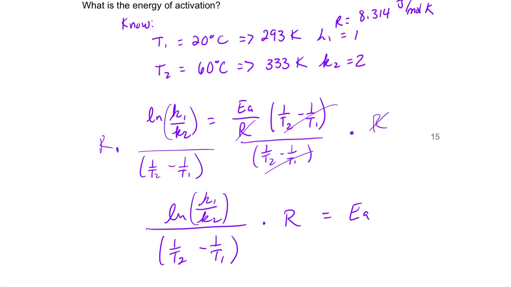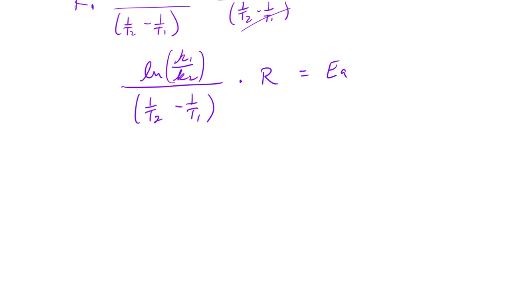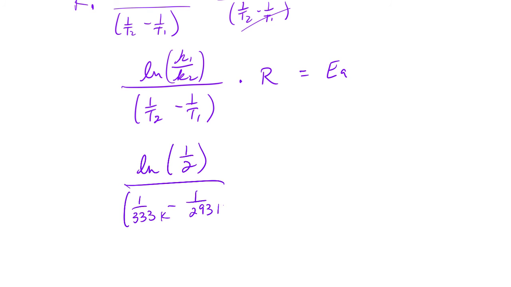So let's plug in some values. We're going to have natural log of 1 over 2 over 1 over 333 Kelvin minus 1 over 293 Kelvin. And then our gas constant is 8.314 joules per mole Kelvin equals our activation energy.